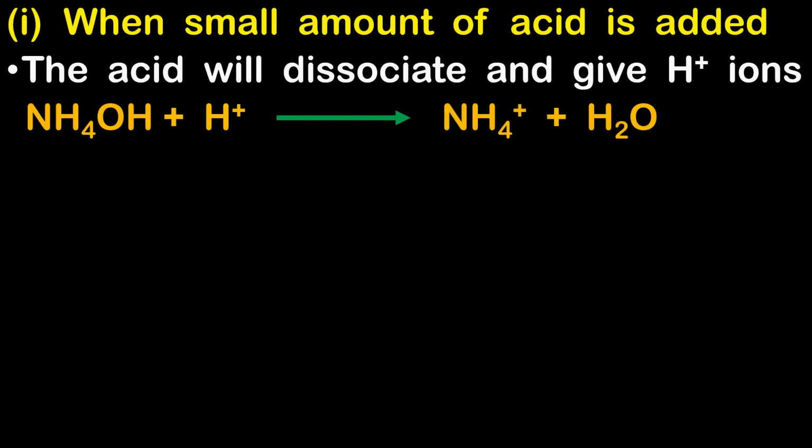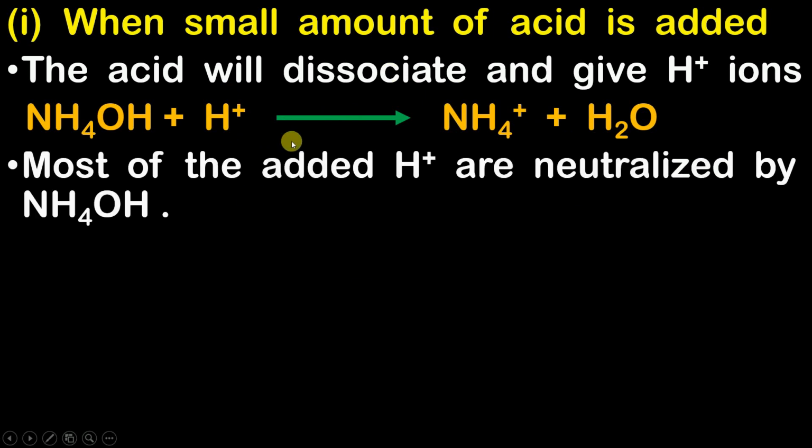So in this case, the NH4OH, the ammonium hydroxide molecules already present in the buffer solution, will react with the H plus ions and form NH4 plus H2O. So what is happening over here? Most of the added H plus ions from the acid are neutralized by NH4OH.